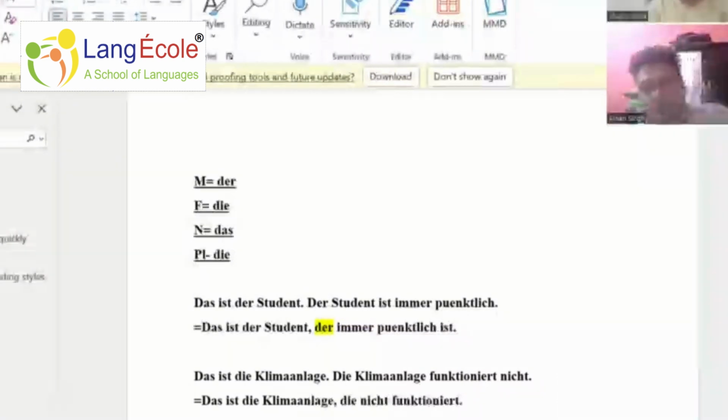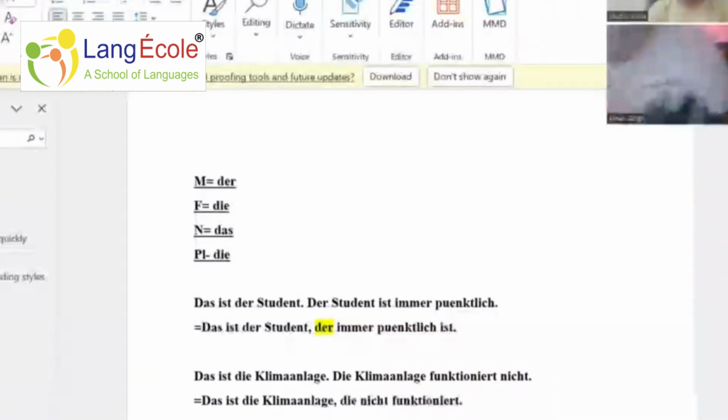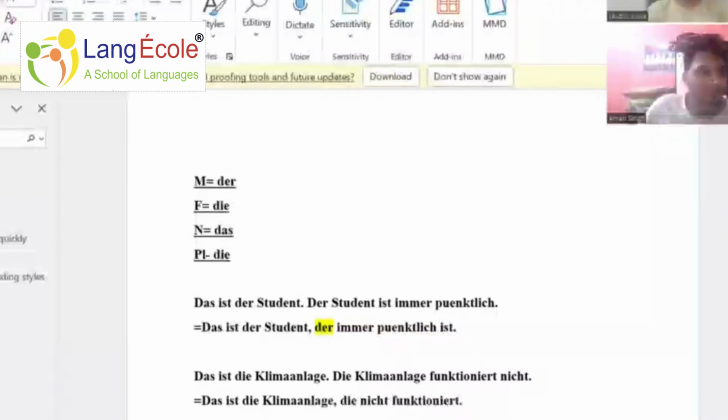So formen relative Pronomen im Nominativ is similar to formen bestimmte Artikel im Nominativ. Your definite articles, whatever you have in nominative, are exactly the same as your relative pronouns in nominative. Okay.